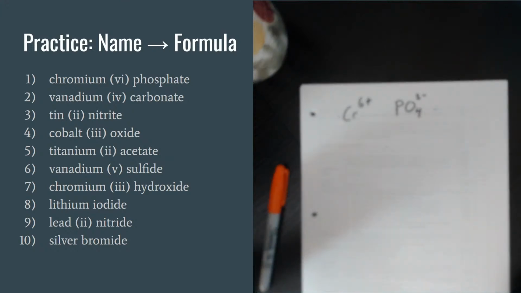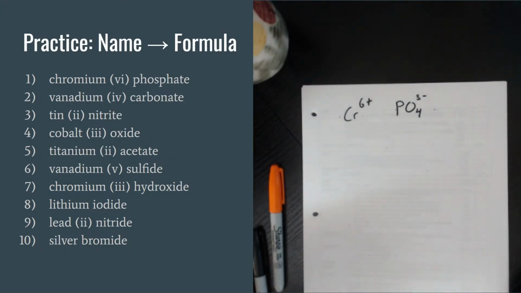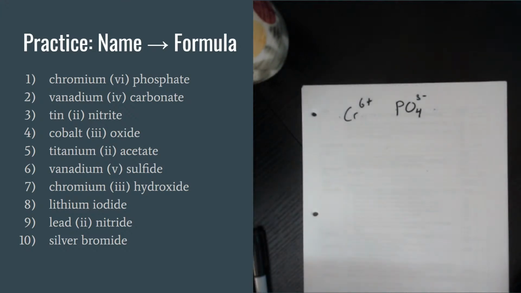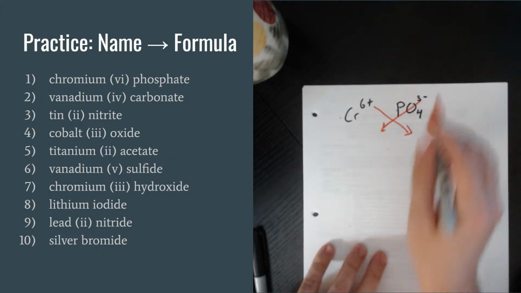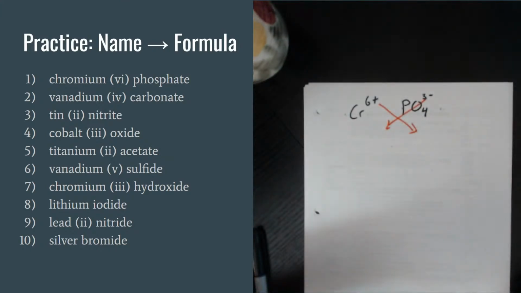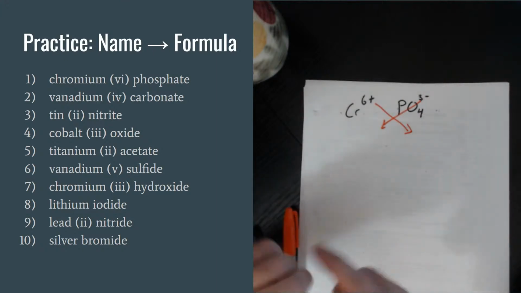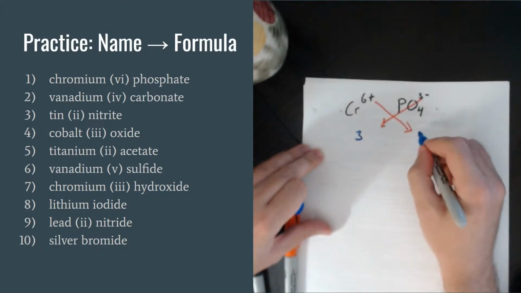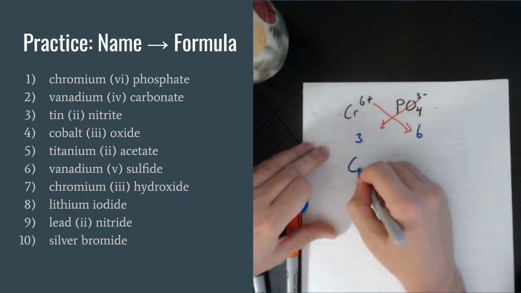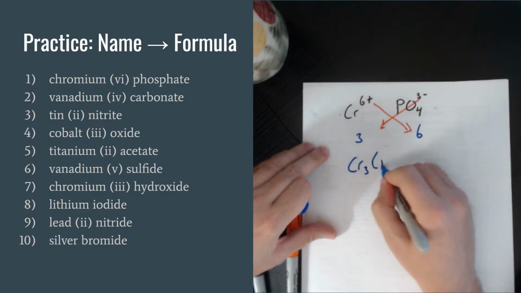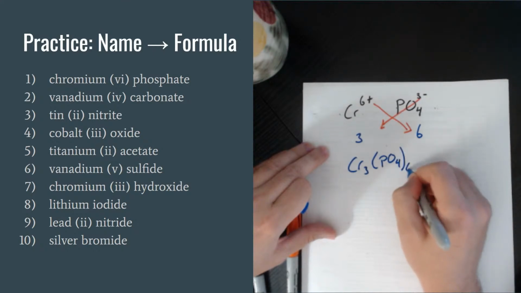Okay. Now here's how you can find the ratio really straightforwardly. You don't have to be that good at math. All you do is you bring the charges down. So you have a 3 minus there, that becomes a 3, a 6 plus there becomes a 6, and so you have Cr3 PO4 6.